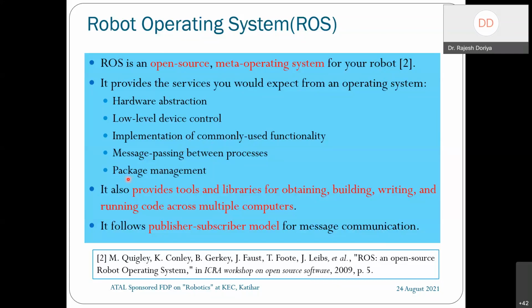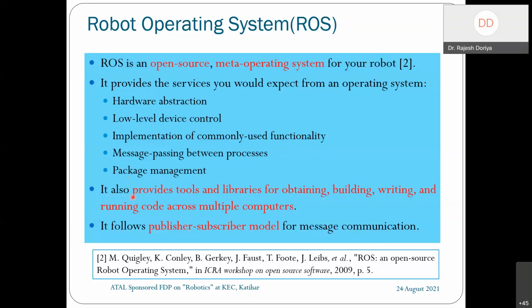It also has a package management system. Whatever messages, nodes, and topics we have are managed in the form of a package, so one can create their own package, add other packages, and create their own environment.